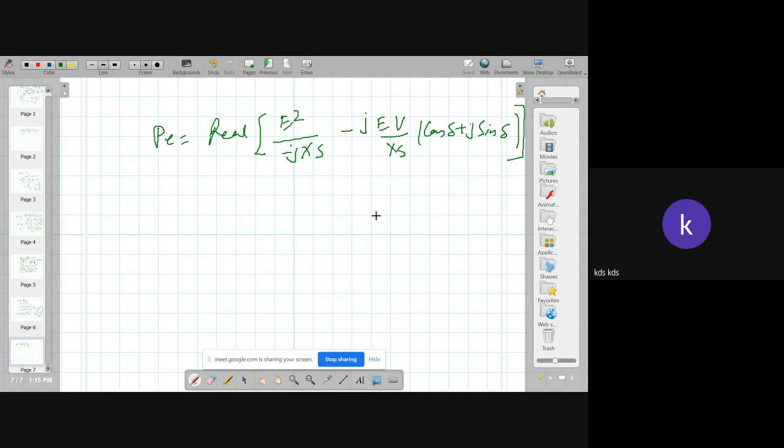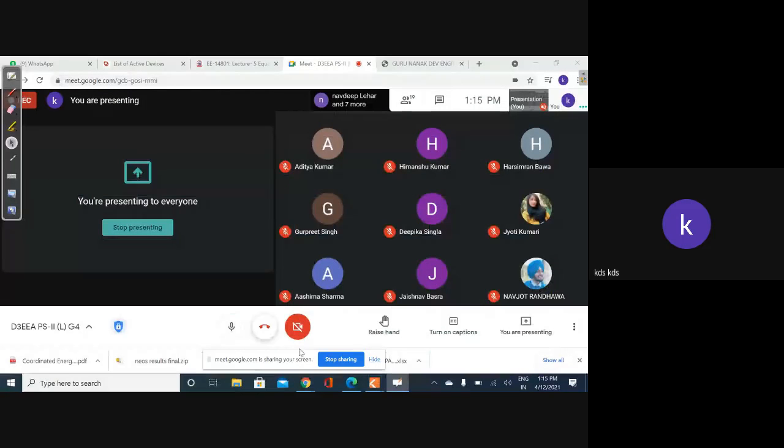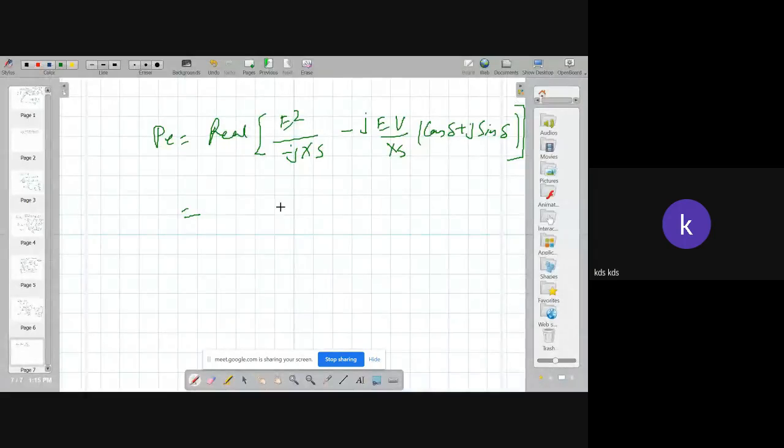Now the real part. The real part of this component is 0. The real part of this component is 0. The real part of this component is also 0, and we are left with the real part of only one component, EV by XS sine delta, since j square is minus 1. So PE is reduced to this formula, EV upon XS into sine of the angle delta.